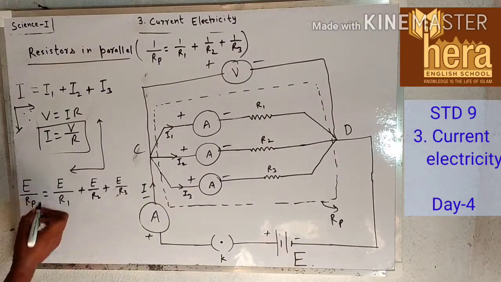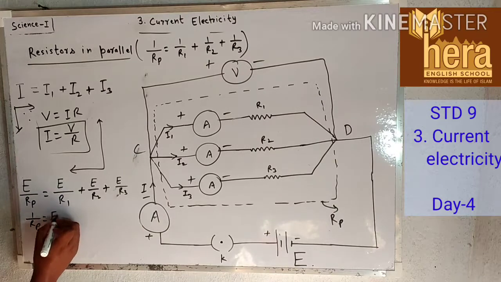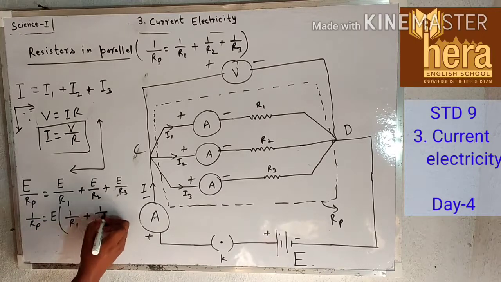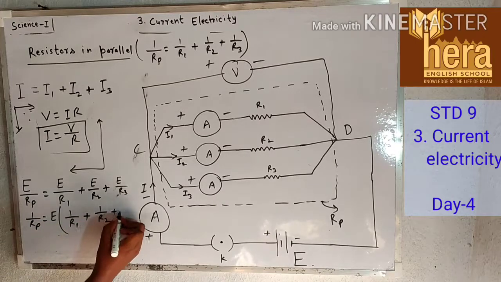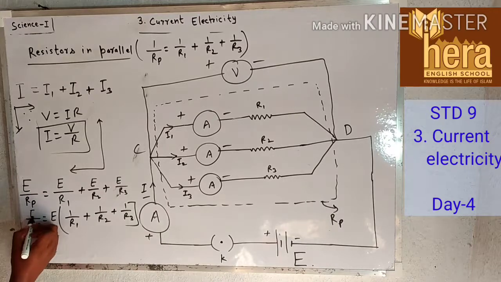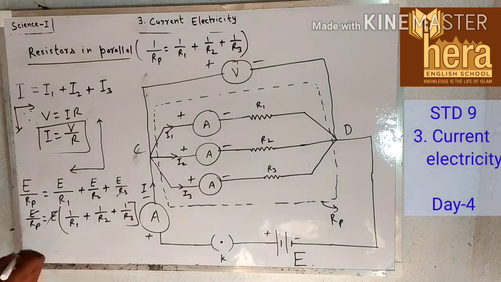you can take E as a common. Taking E as a common, here will be 1 upon R1 plus 1 upon R2 plus 1 upon R3. Understood? E cancels.